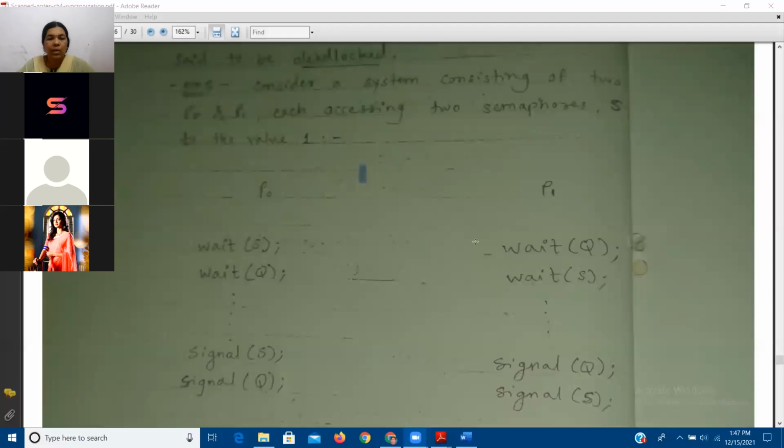Consider a system consisting of two processes P0, P1, each accessing two semaphores S and Q set to the value 1.